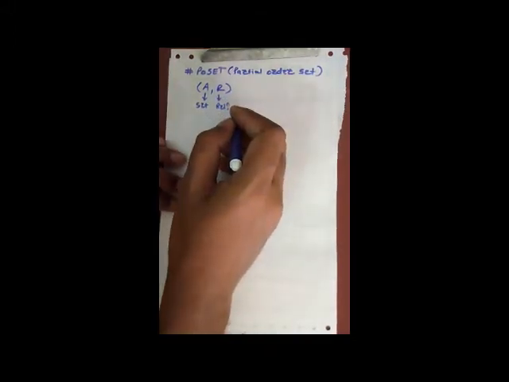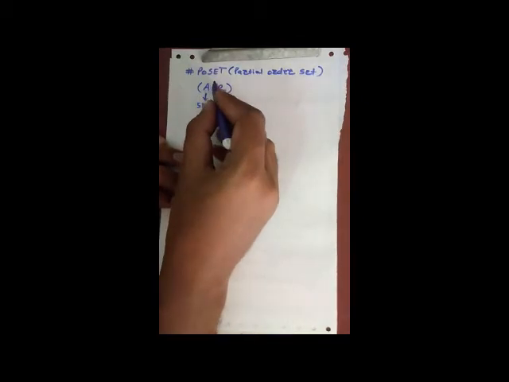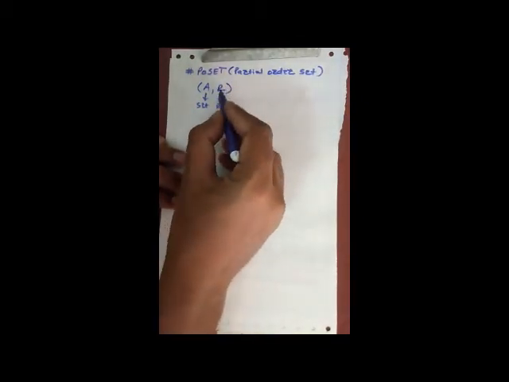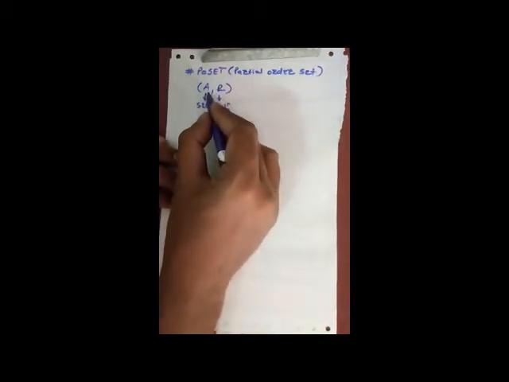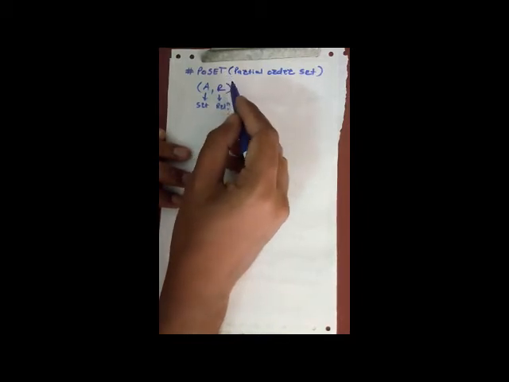It may be any relation, right? So here how can we define this? A relation with a given set is called a partially ordered set, right?